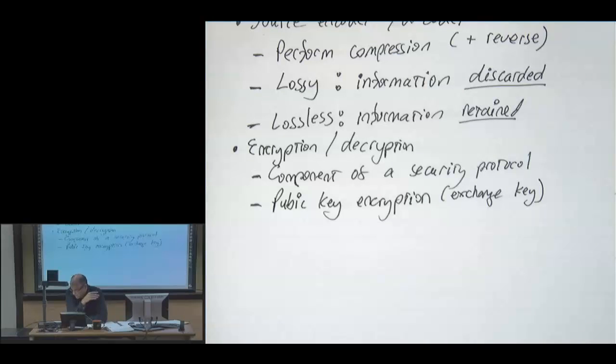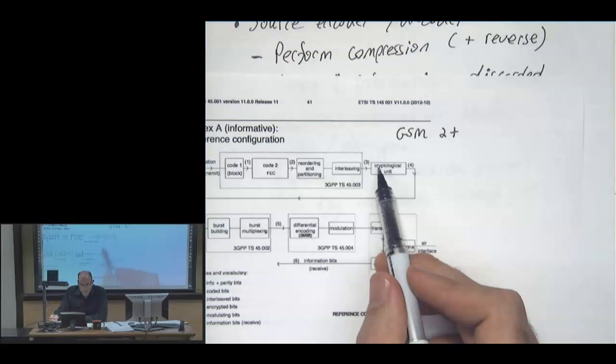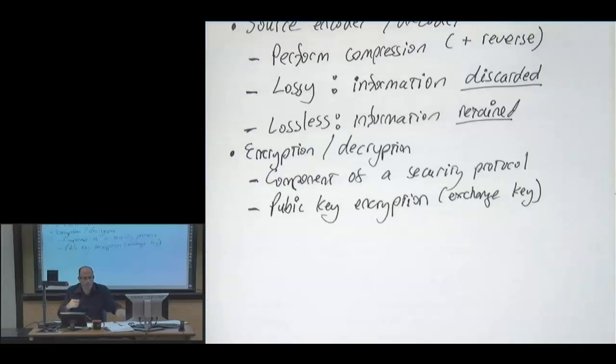So essentially, this is important. It's part of many communication systems, like I showed you here in the GSM, right here, this cryptological unit. But is GSM secure? Does anyone know the answer to this? Indeed, it is not, because that encryption actually has been hacked, and so we know how to decrypt it.